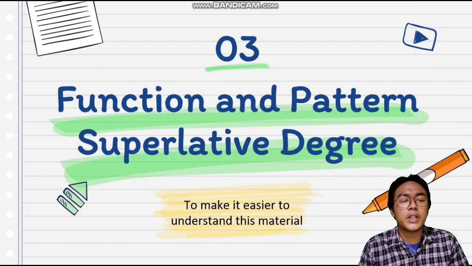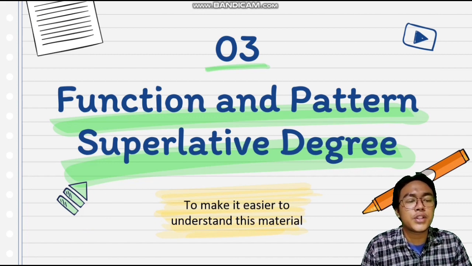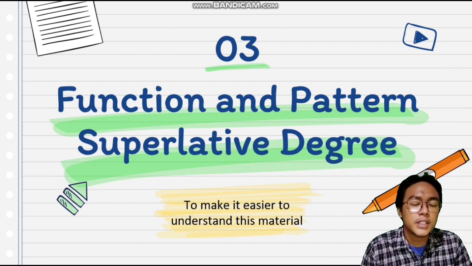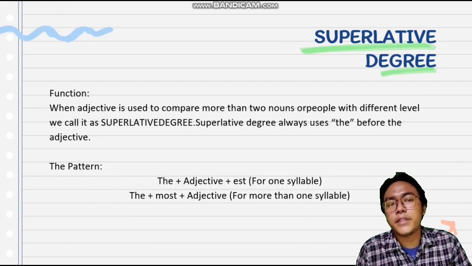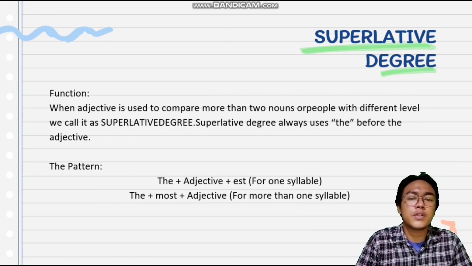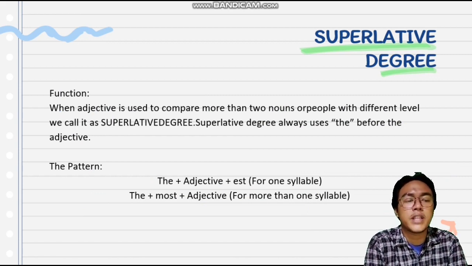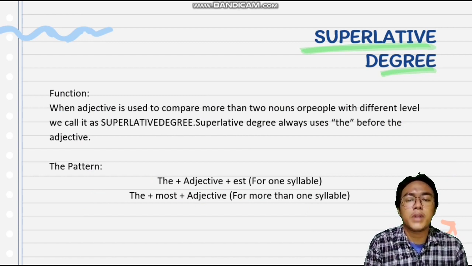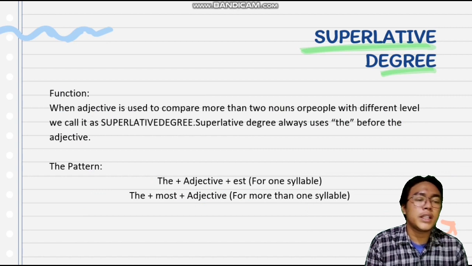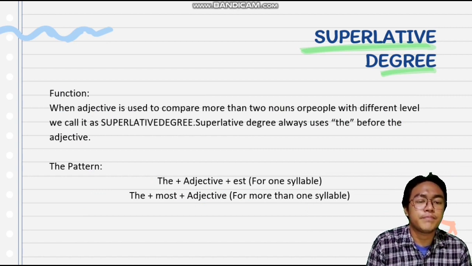Okay, the third one is the function and pattern of superlative degree. To make it easier to understand this material. The function of the superlative degree is when an adjective is used to compare more than two nouns or people with different levels, we call it superlative degree.